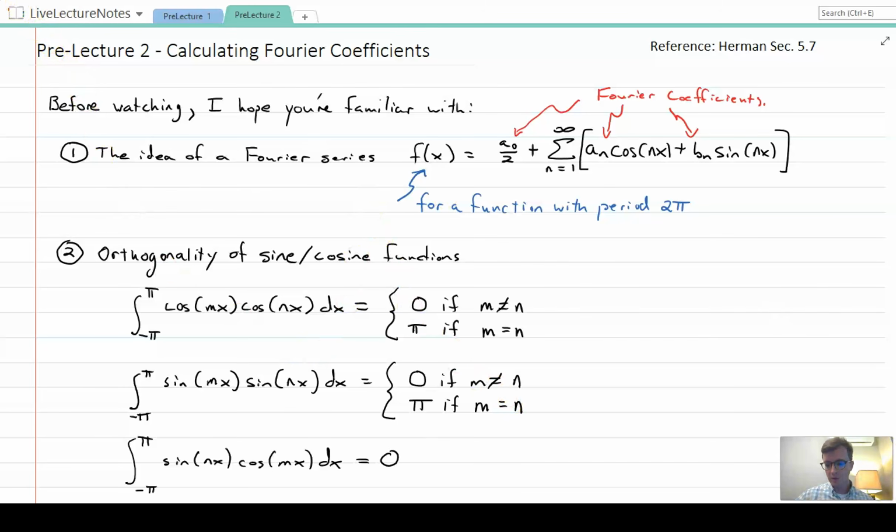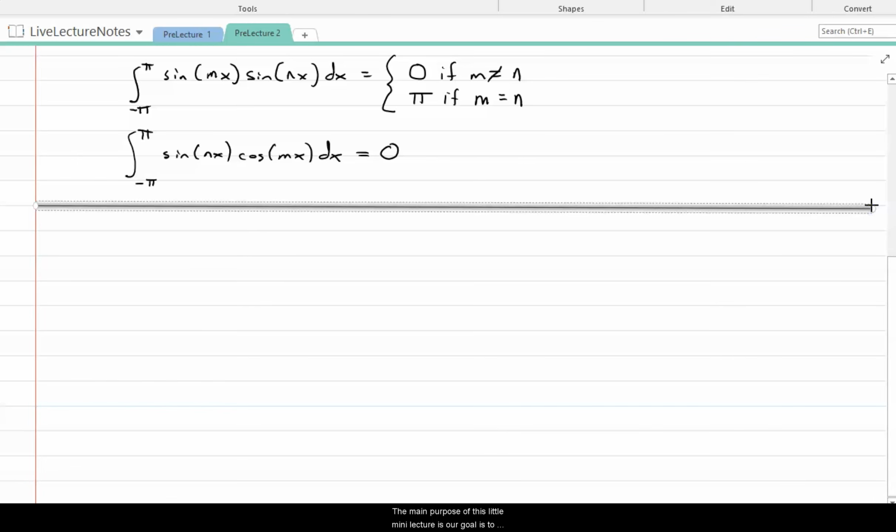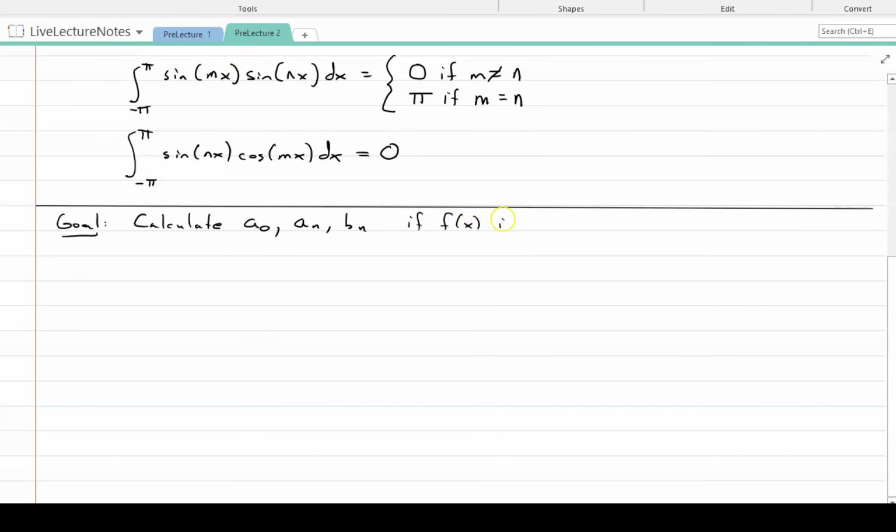Okay, so let's get into it a little bit here. The main purpose of this little mini lecture is that our goal is to calculate these Fourier coefficients. So a goal here is to calculate a_0, a_n, and b_n if the function f of x is known.